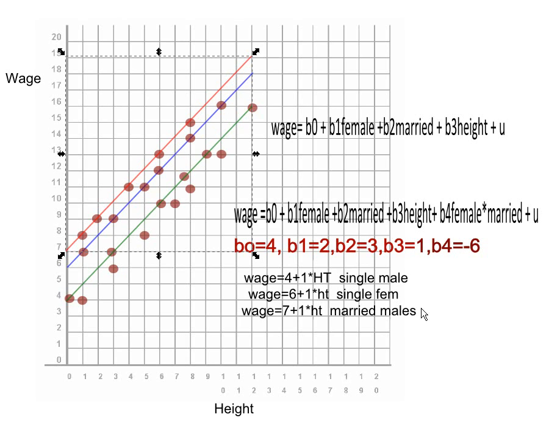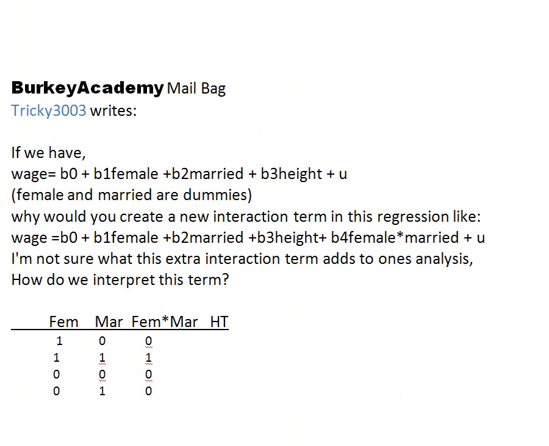Now guess what's going to happen for this next set of people we have. The only people we have not addressed so far are the people who are female and married, because we haven't brought in this interaction variable yet.